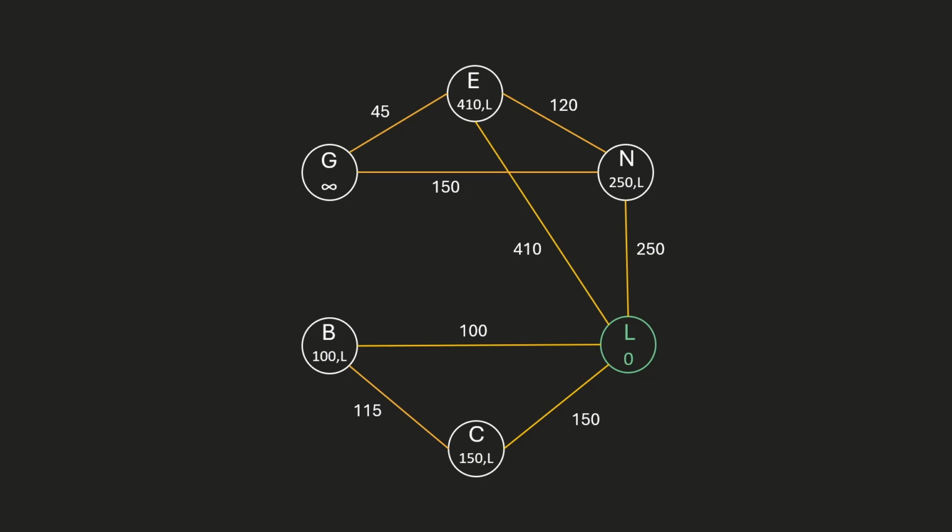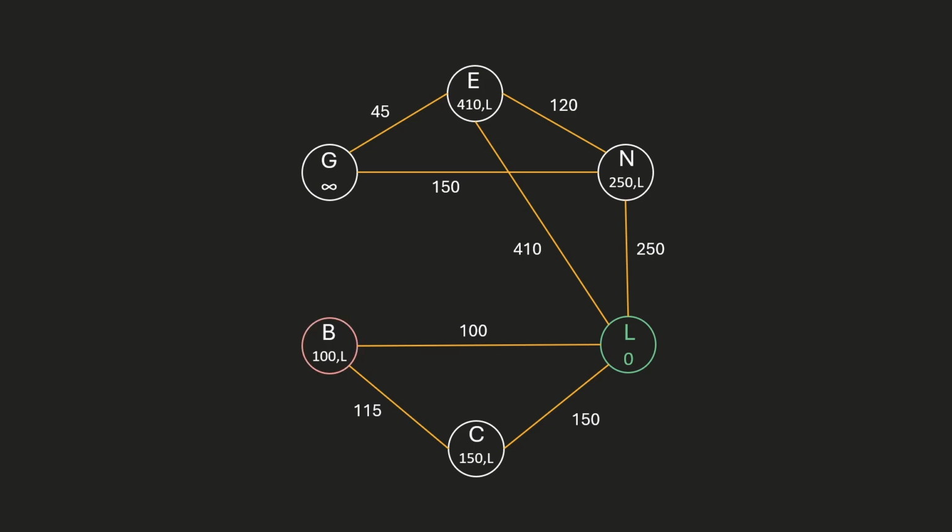So here we have 4 nodes which have been visited but not fully explored. We have Birmingham, Cardiff, Newcastle, and Edinburgh. So right now Birmingham has the lowest total cost of 100 out of all 4, so we will explore Birmingham next.